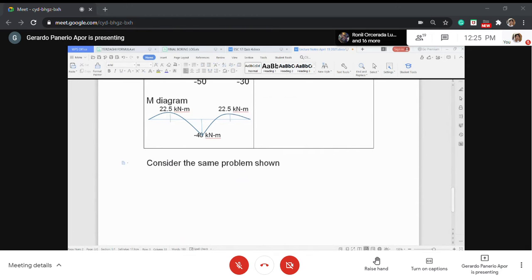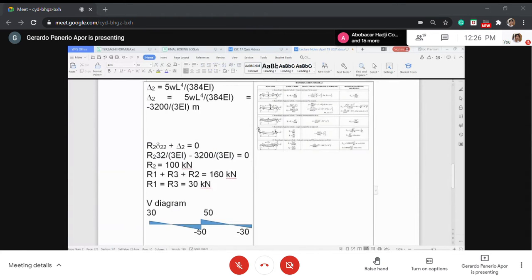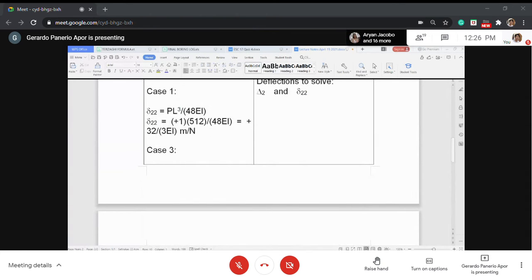So if we are going to consider the same problem, we have a solution here using three moment equations. So this is what will happen. I will copy the problem solution.